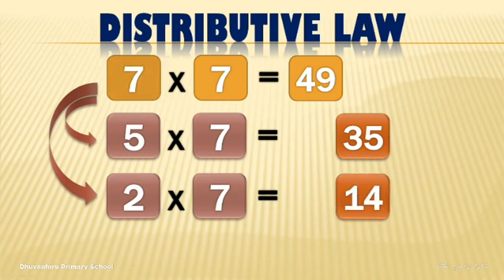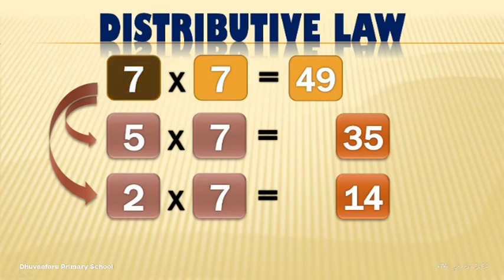What we did was take the first 7 in the problem and multiply it by both the 5 and the 2. I didn't know my 7 times table very well. Now we still need to finish the problem in order to get the answer.